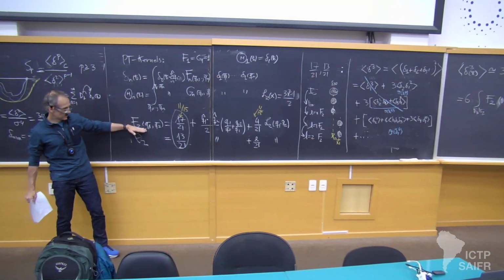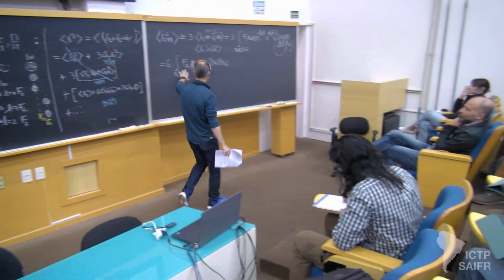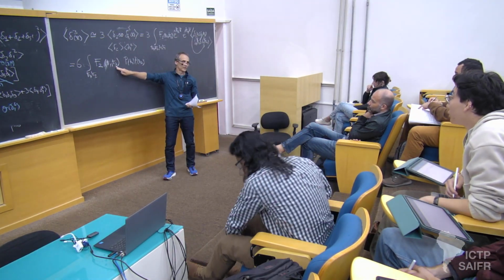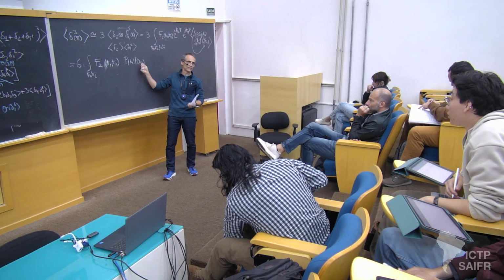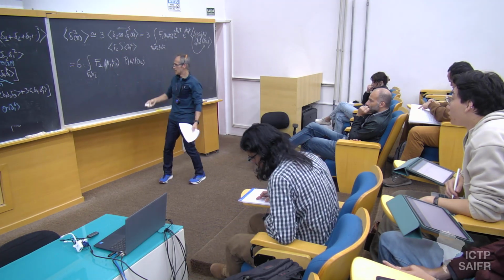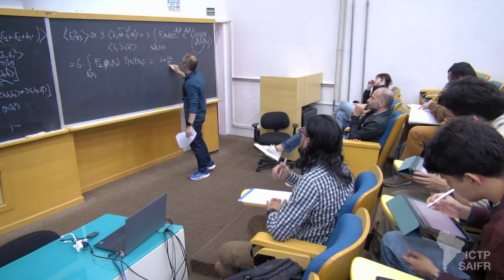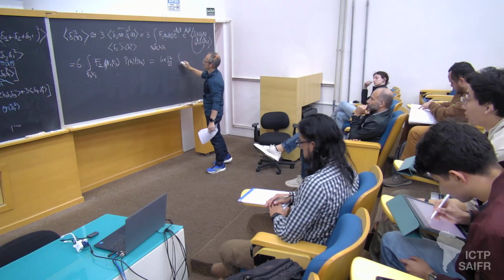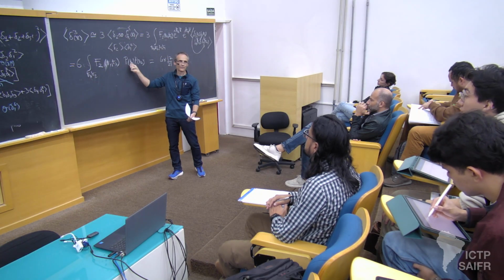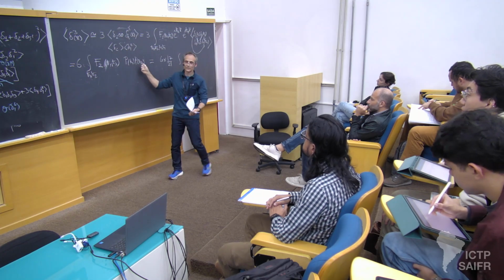Now I have to come to this guy. Now I have to do this integral over d3k1, d3k2. But this guy only depends on the relative angle between K1 and K2. By isotropy, there are no angles here, so the only thing that contributes here is the monopole. So this is the same as 6 times 17 over 21 times, and once the monopole enters here, I just have an integral of this d3k1, an integral of this d3k2, which is the same integral, and that's the variance.